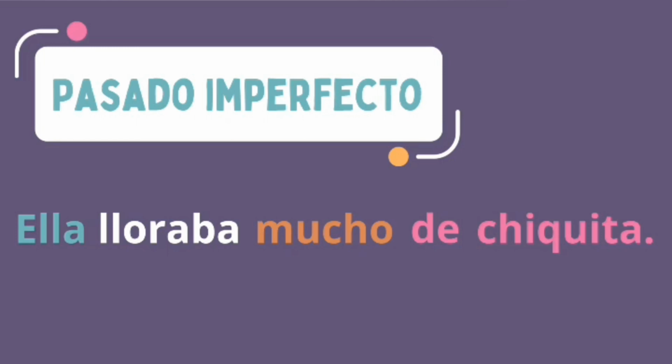Ella lloraba, she cried, ella lloraba a lot, mucho, when she was little, de chiquita, okay? So when you have this de chiquita, then that means you have to use the imperfect past, okay?